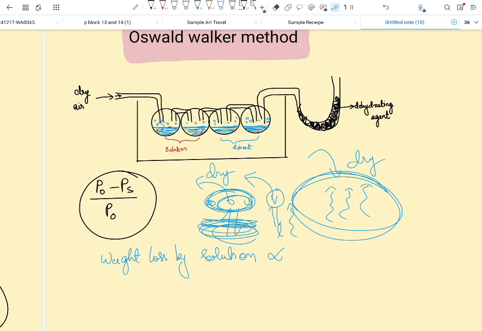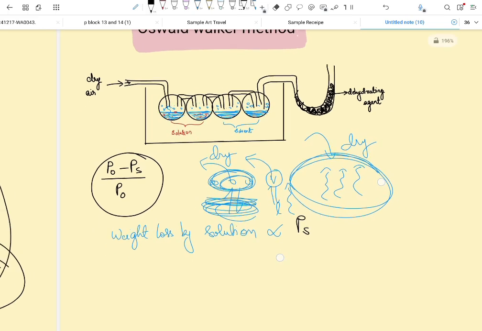That will happen if its vapor pressure is more. If the solution's vapor pressure is more, more mass will get vaporized, so there will be more weight loss. So we can say that weight loss by the solution is directly proportional to the vapor pressure of the solution. The more the vapor pressure, the more vapor content, so more dry air will be absorbed.